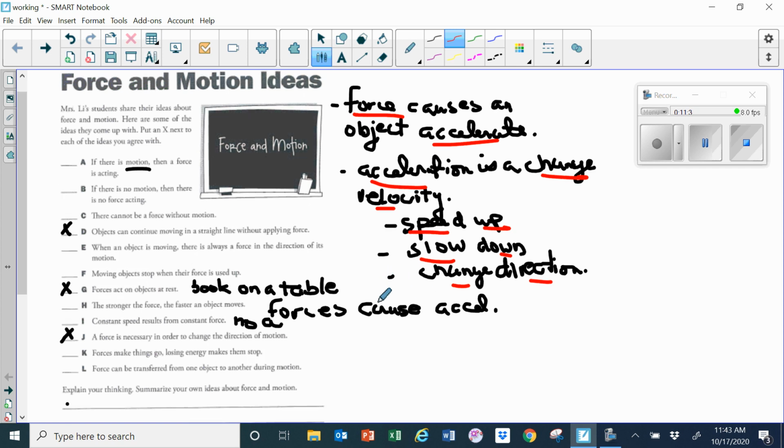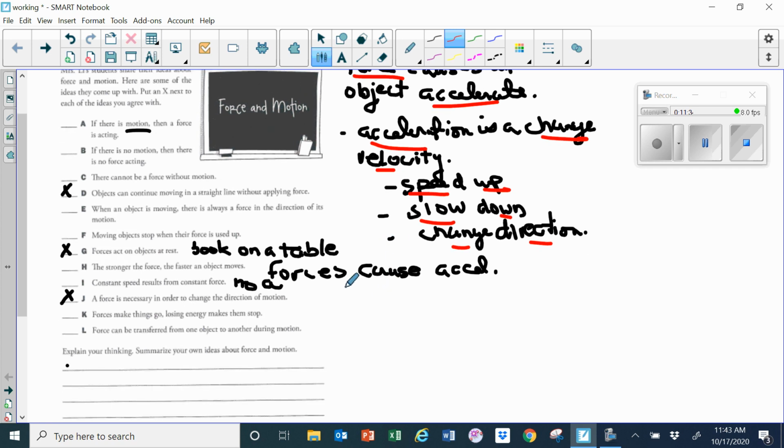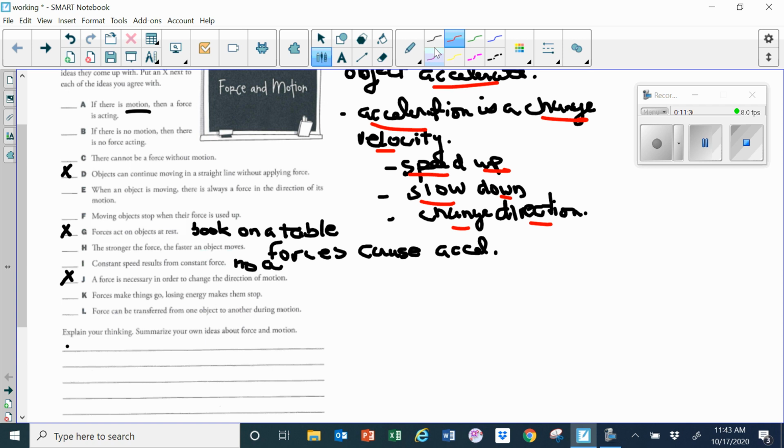Okay, we can have forces acting on an object, and if those forces are balanced, we can have, say, a book on a table. There are two forces acting on a book on a table.